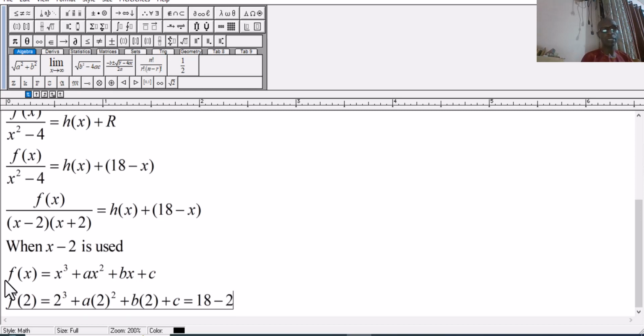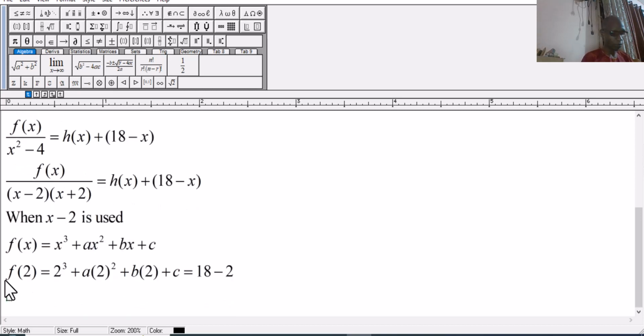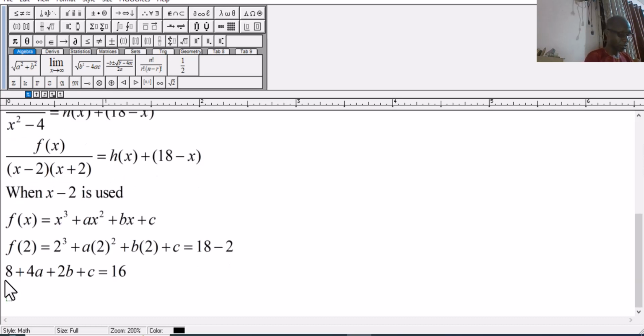So take note, that's the first step you need to take. So we have 8 plus 4a plus 2b plus c is equal to 16. So we have 4a plus 2b plus c is equal to 8. Let's term this equation 1.